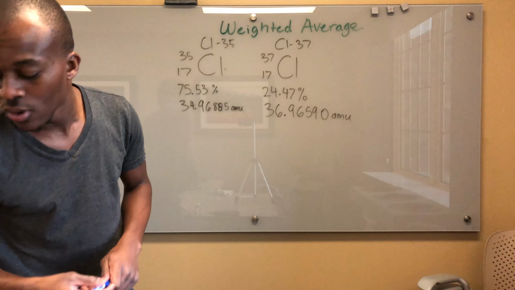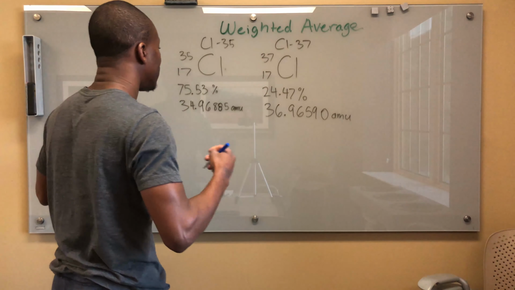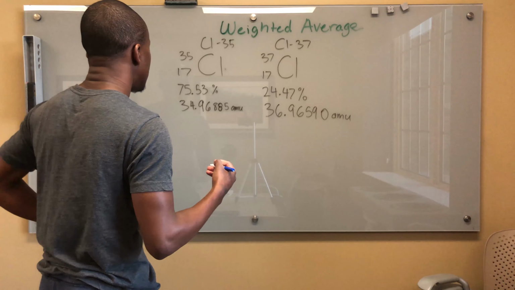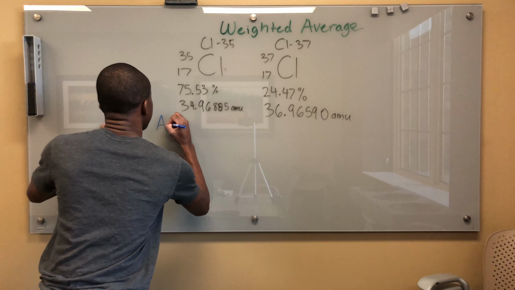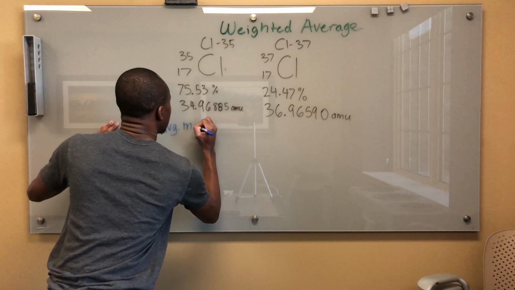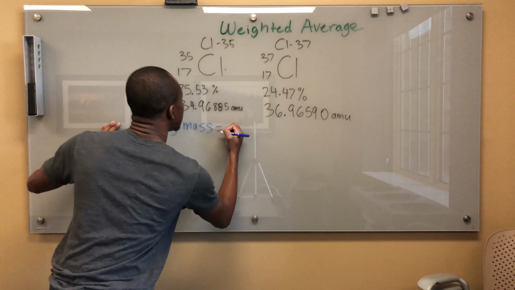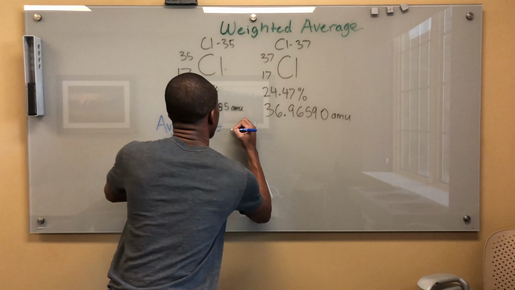So to find the average mass of Cl, I'm just going to write it like this. Average mass is going to be equal to, we're going to put the percentages into decimals.